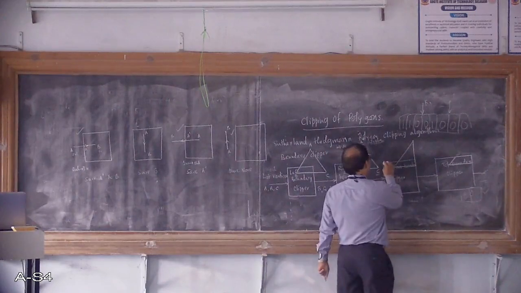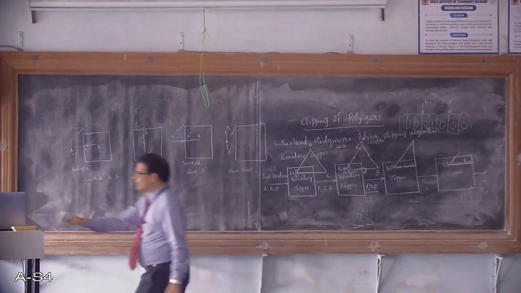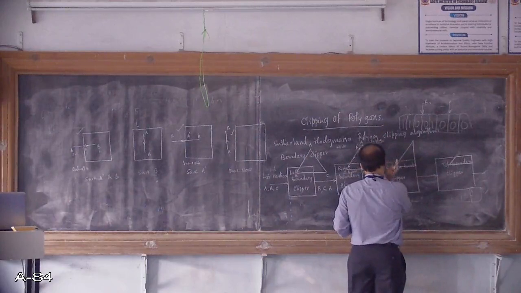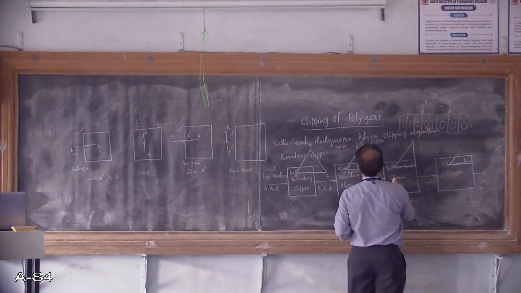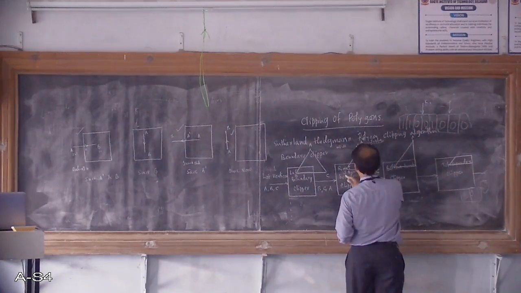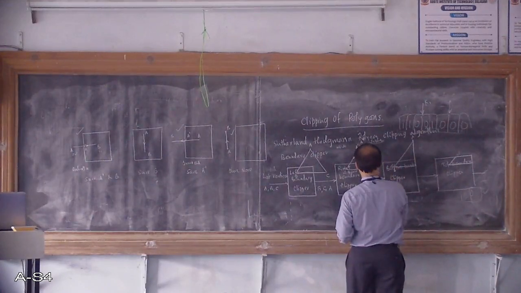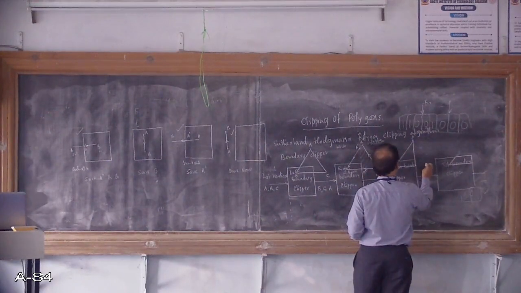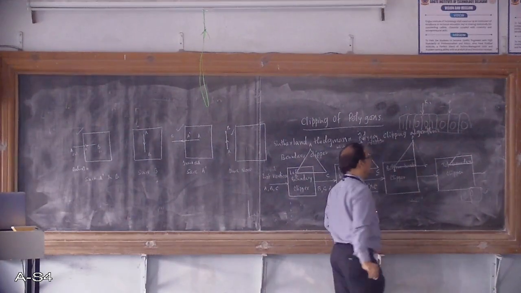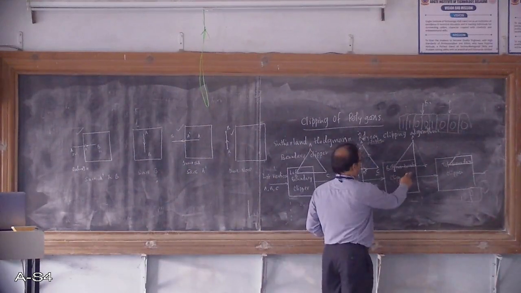For this bottom boundary clipper, we have A dash here, then we have B, and then we have C here, and this is the picture for the bottom boundary clipper.